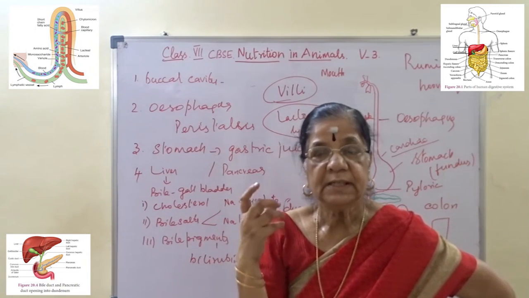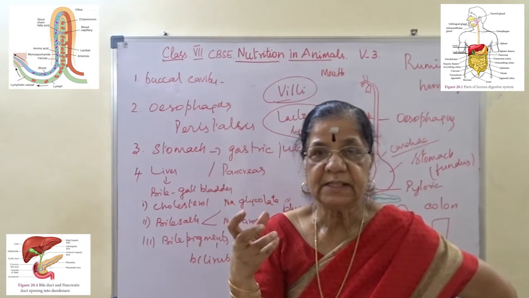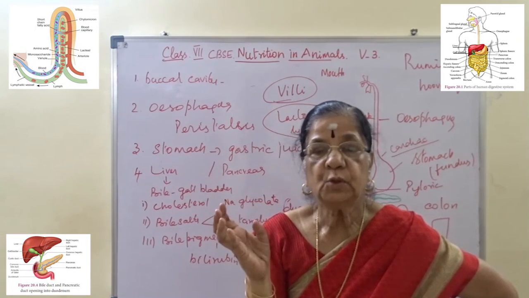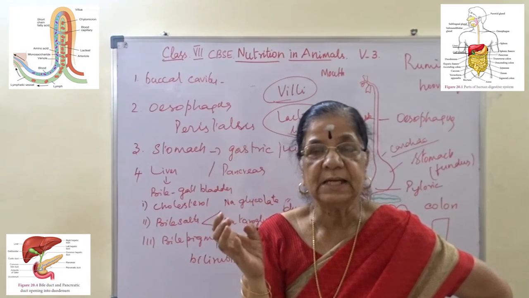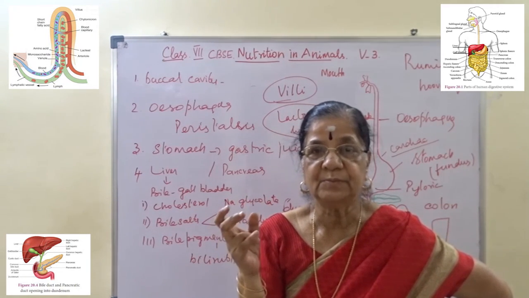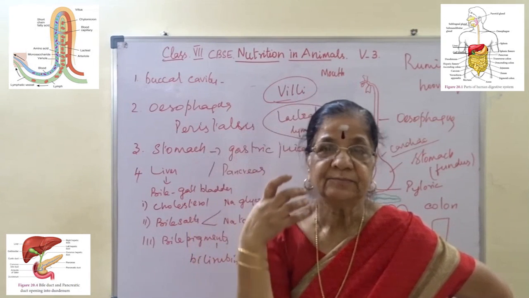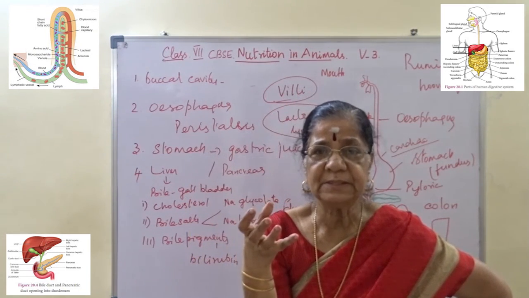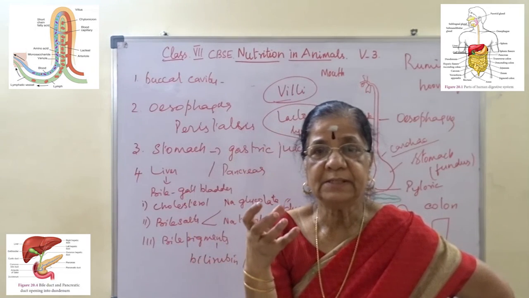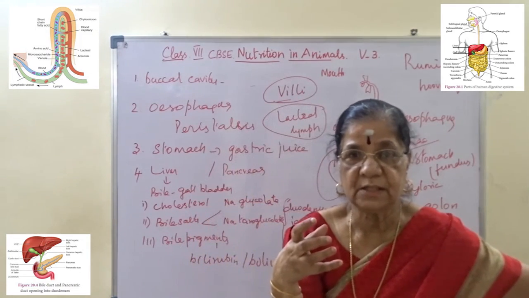So in ruminants, the stomach is of a special type, with 4 types of chambers, including rumen and abomasum. The rumen is the main digestive center, where food is digested well.